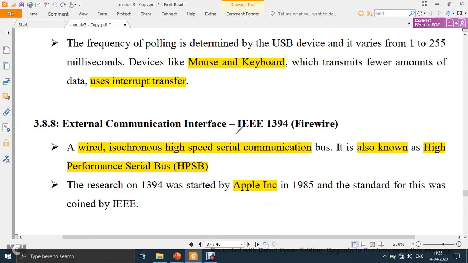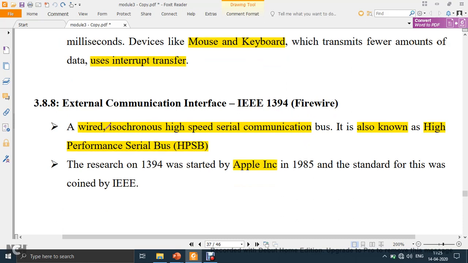Next is IEEE 1394, a standard which is also known as FireWire. There are multiple vendors of this. What is this?